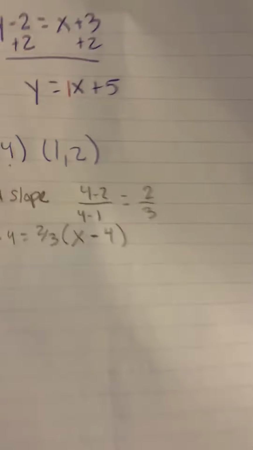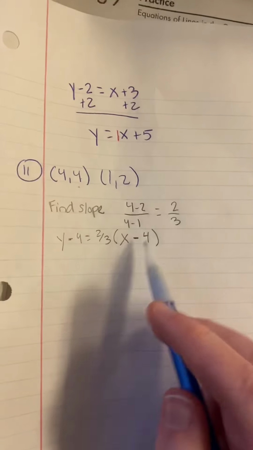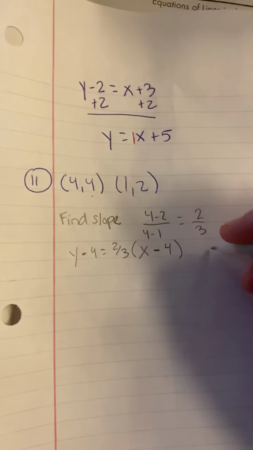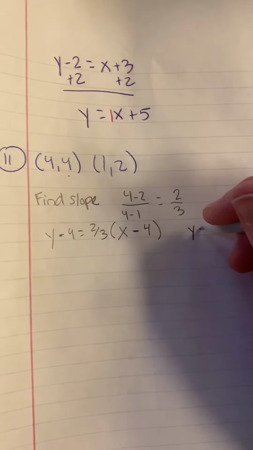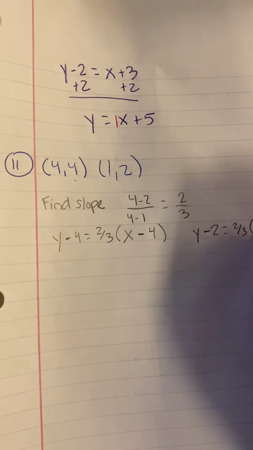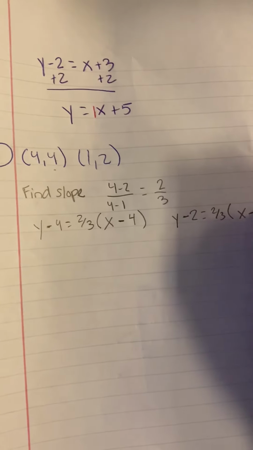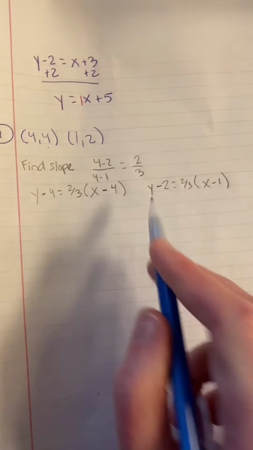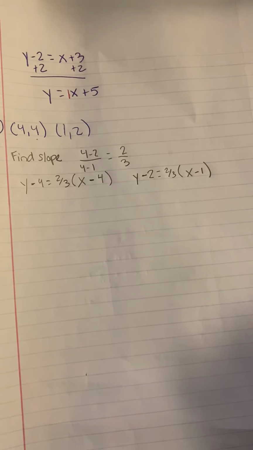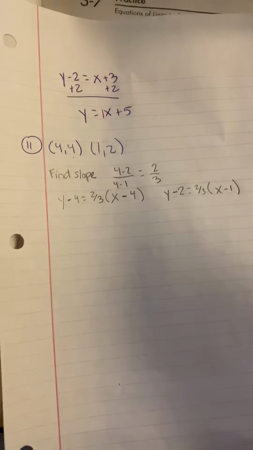Okay, and if I tell you to write it in point slope form, and you want to leave it like this, I'm going to ask you to write both equations. So you can also have y minus 2 equals your slope times x minus 1, because you can use either point for point slope form. So this is point slope form.